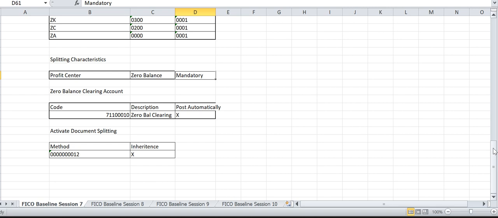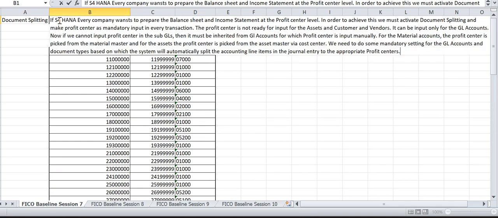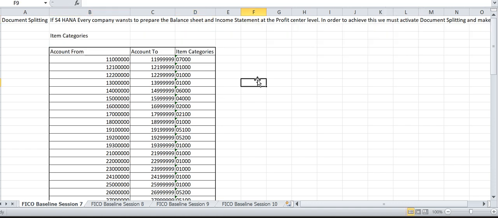Now, let us go to another point. The profit center is not ready for input for asset, customer, vendor. What I mean is, we have different modules, right? GL, asset accounting, AP, AR.